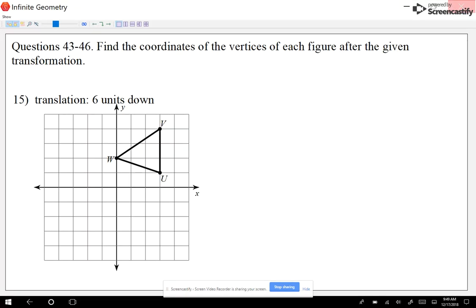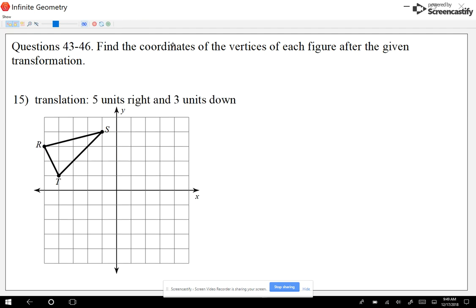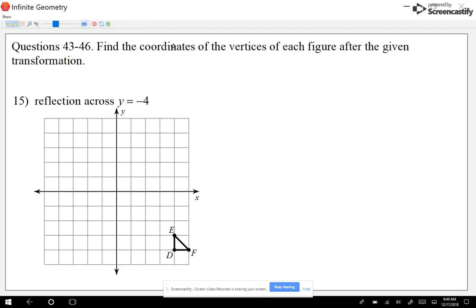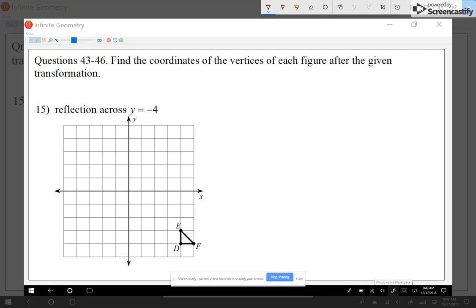Now, in some cases, let me get something that is not on your review. You might get the special reflections. We're going to reflect them over x equals something or y equals something. In this case, let me look at reflecting across y equals negative 4.